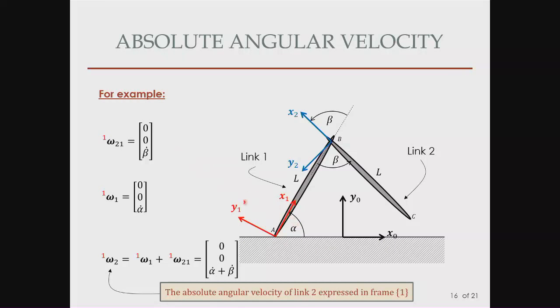So this here is the absolute angular velocity of link 1, and this one is link 2 relative to link 1. If I sum them, I get the absolute angular velocity of link 2. In this case, I chose to represent it along the axis of frame 1.